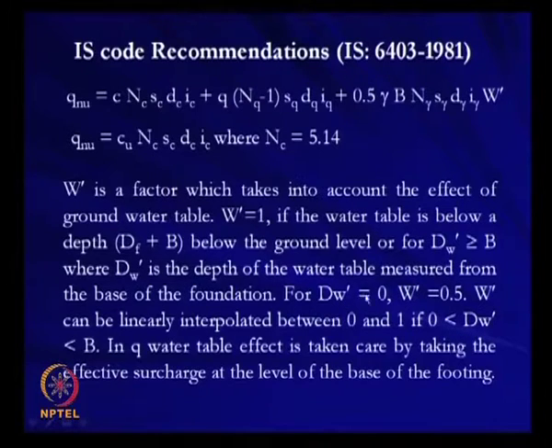Now, Dw dash, if this is 0, that means the position of the water table is at the base of the foundation, then this W dash is equal to 0.5.